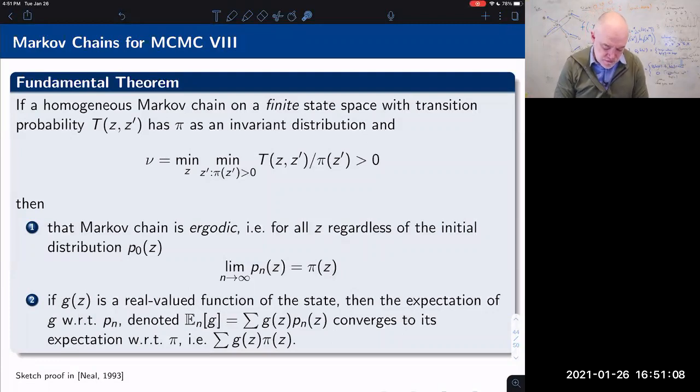The expectation of g with respect to Pn, which is just a sum over z of Pn of z times the test function, converges to its expectation with respect to the true distribution pi. So as n gets big, if you take samples from Pn of z, then you've computed the expectation that you want, basically, it will converge. I'm not saying in which sense it converges, but it will converge.